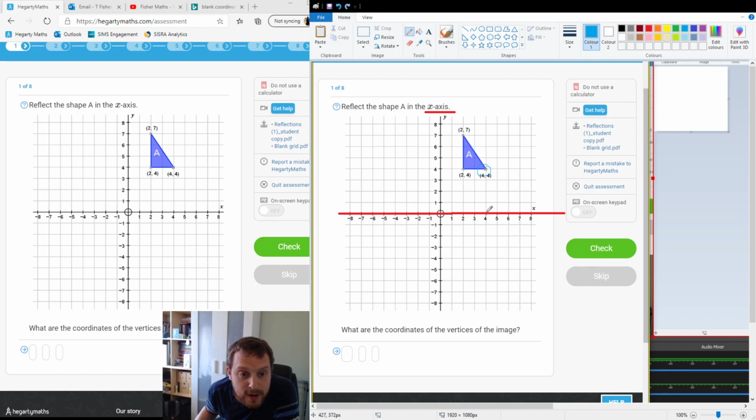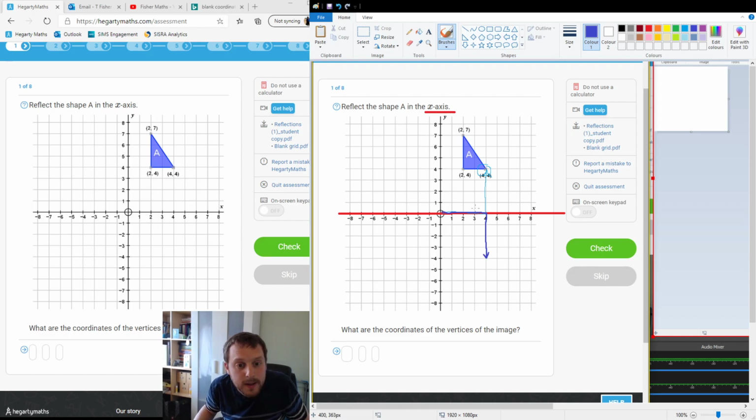It is 4 along and 4 up. Well, if I'm going to flip it in the x-axis, it's going to be 4 along, but now it's going to be 4 down. Okay, it was, if I can kind of do it like this, it was 4 along and 4 up. Now it's going to be 4 along and 4 down.